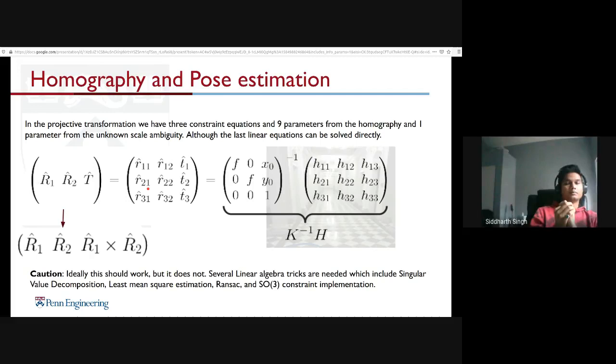So the simple 2 cross 2 rotation matrix, right, of rotating about 90 degrees about the x-axis, if you divide that by 2 everywhere, will the rotation change?